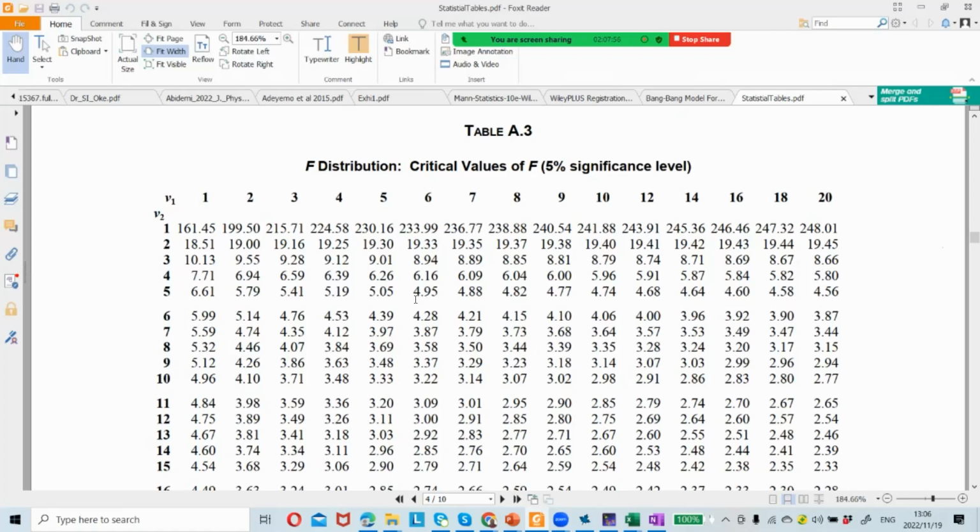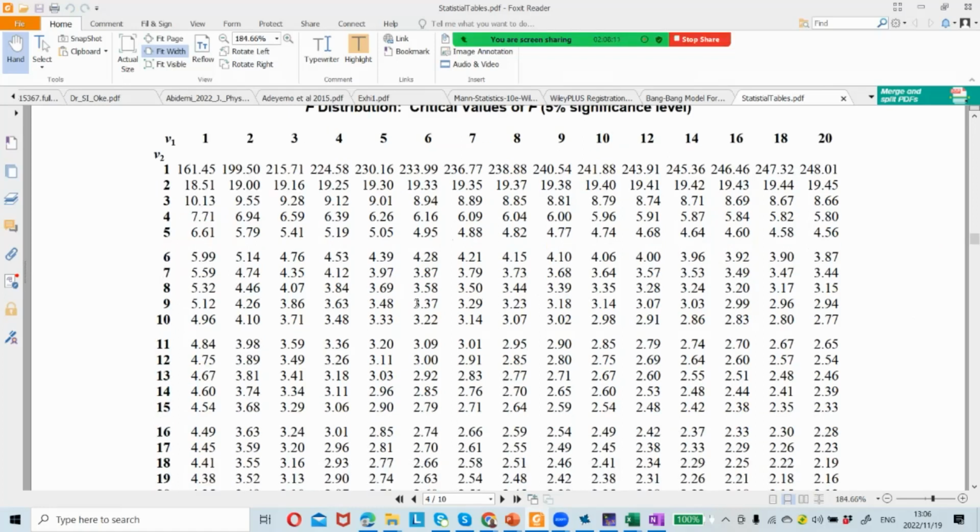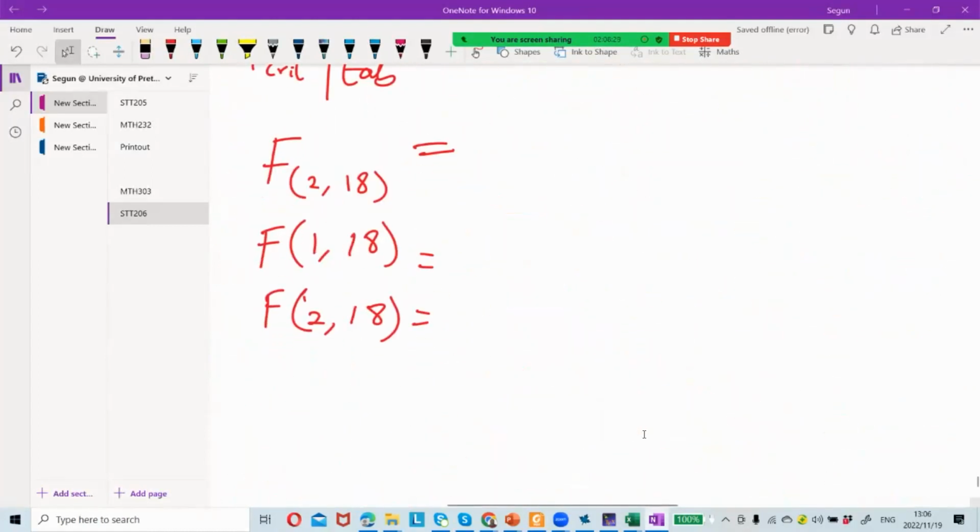Can you see my table? Yes, sir. So at V1 equals 2 and V2 equals 18, we have 3.55. Please write it down. Let me show you something. This is V1, V2, V1, V2, V1, V2.